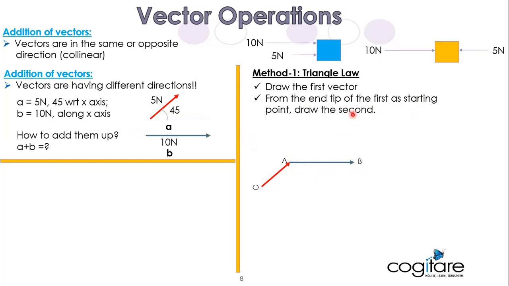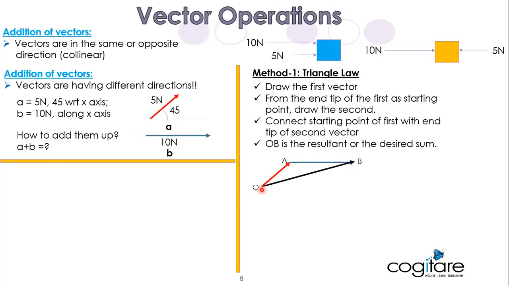What does the triangle law say? You want to add OA and AB, then connect the starting point of the first vector with the end tip of the second vector. That means you have to join O and B. So OB is the desired sum. So we have to calculate OB, and that would give us the resultant, or A plus B.